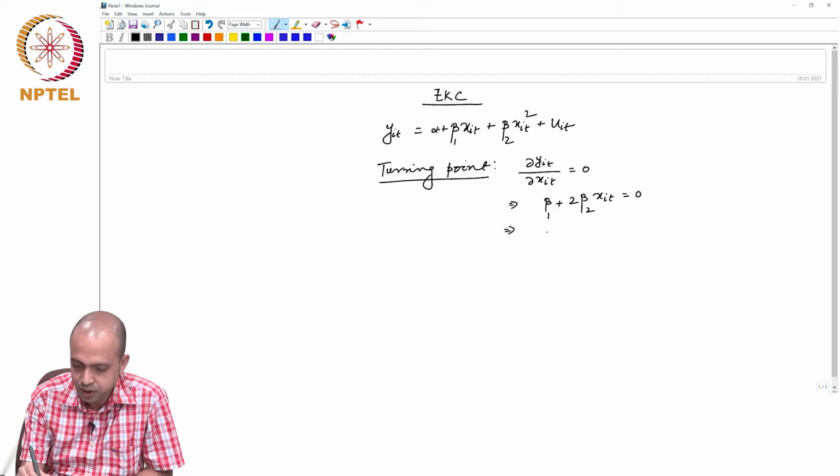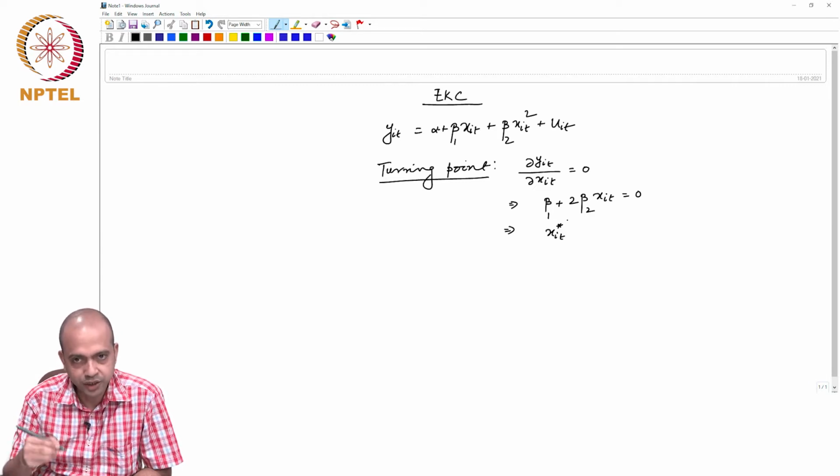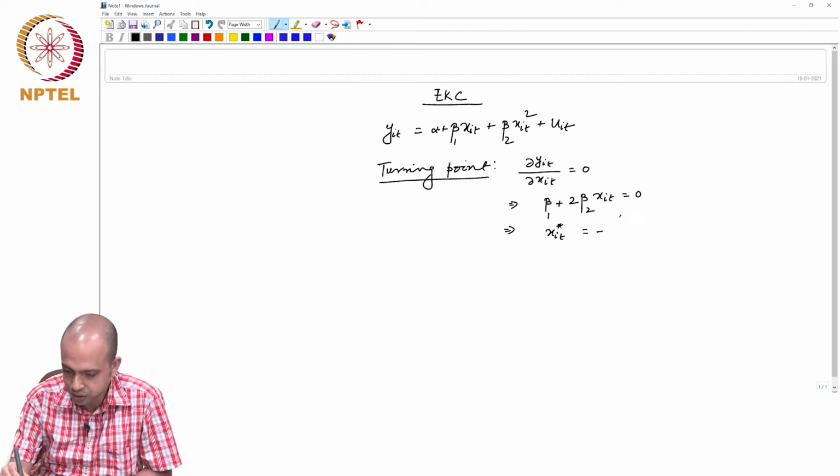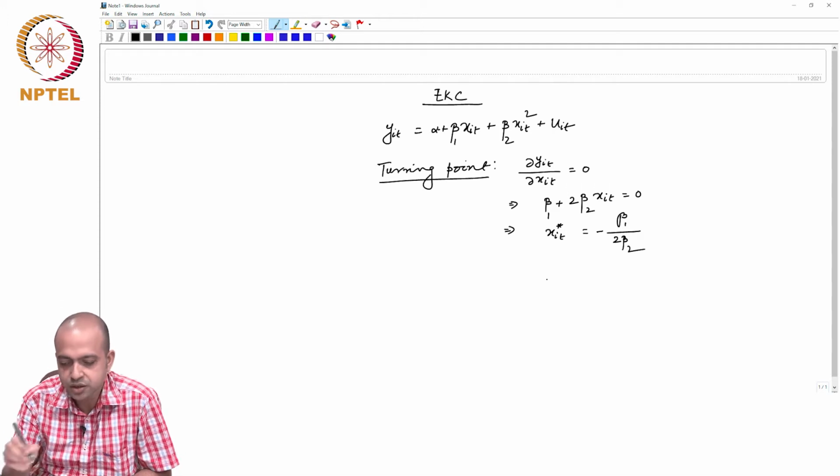That means X_it star, the value of X_it after which the environmental degradation starts declining, should become minus beta 1 by 2 into beta 2. Okay. This is the turning point.